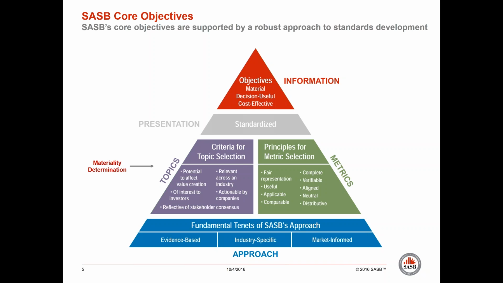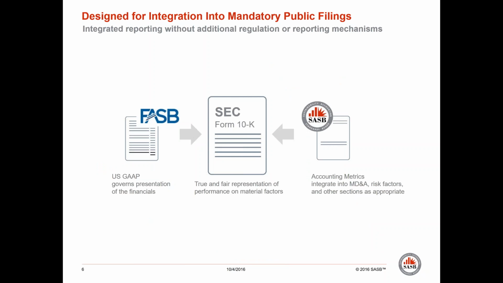These are issues like water, climate change, or human rights. We look at the different ways those issues affect the given industries in question and then design metrics that represent those issues in a standardized way so that investors can compare companies easily and effectively.